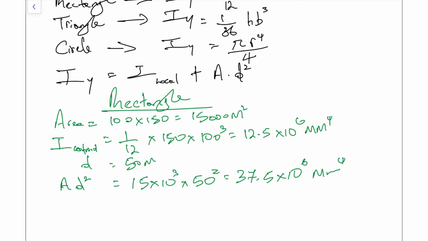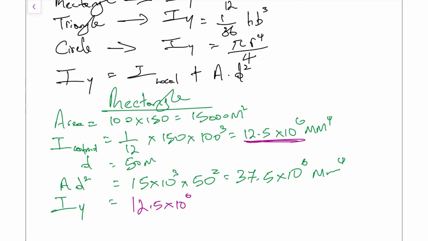So in terms of our sum for Iy now, what we're going to add up is what we found up top for the centroid. So right here, that's 12.5 times 10 to the 6.